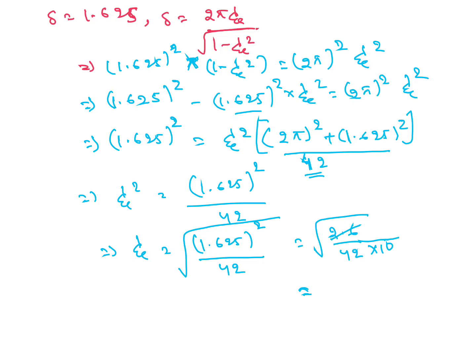So it's 2 by 30. So it's root over of 1 by 15. 1 by 15 is 0.066, root over of 0.066.